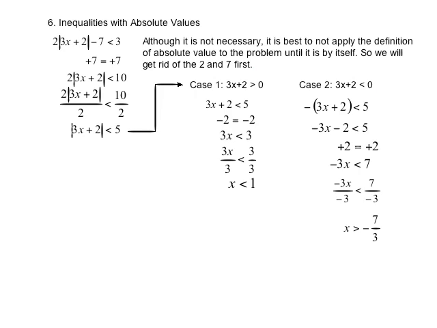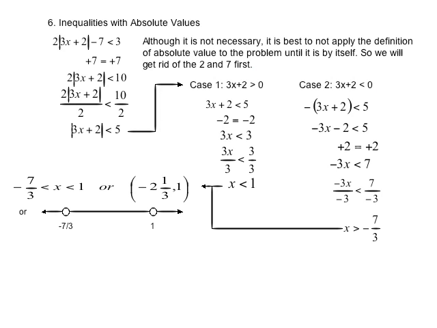So we have two solutions, in fact more than two. So we look to see if we have an interval here. It's got to be less than 1 and greater than negative 7/3. So we can express this algebraically as negative 7/3 is less than x is less than 1, or in interval notation, parentheses, minus 2 1/3, comma, 1, parentheses.